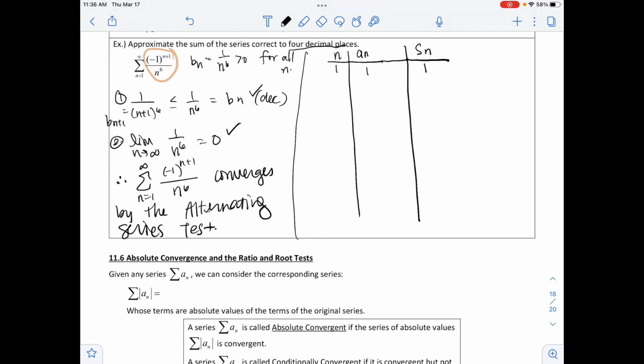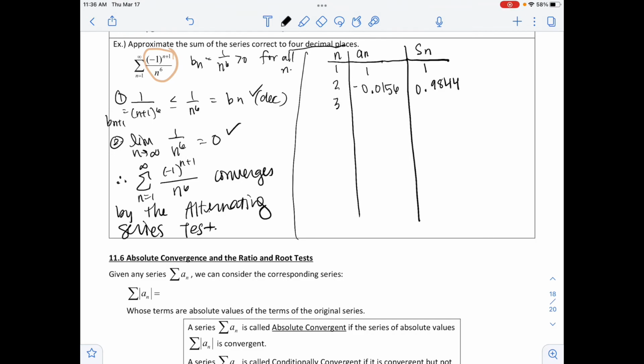The second term that we get is negative 0.0156, and so adding that together with the previous term, we get a sum of 0.9844.